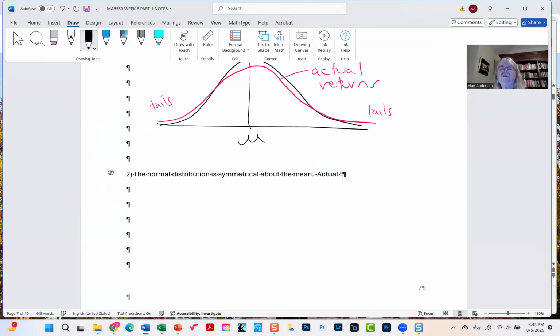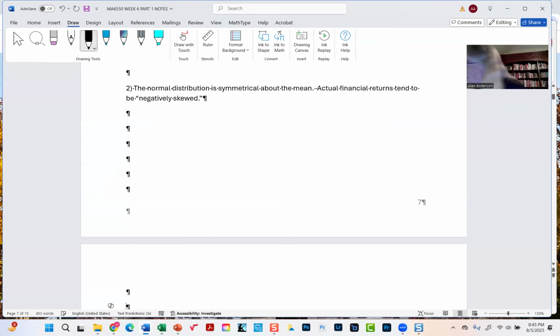Actual returns tend to be skewed negatively. Let me show you that. It just basically means there's an imbalance in favor of negative returns versus positive returns. So you might have something like this.